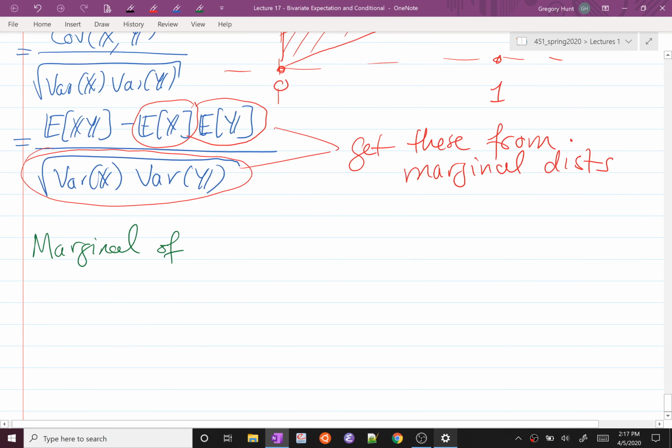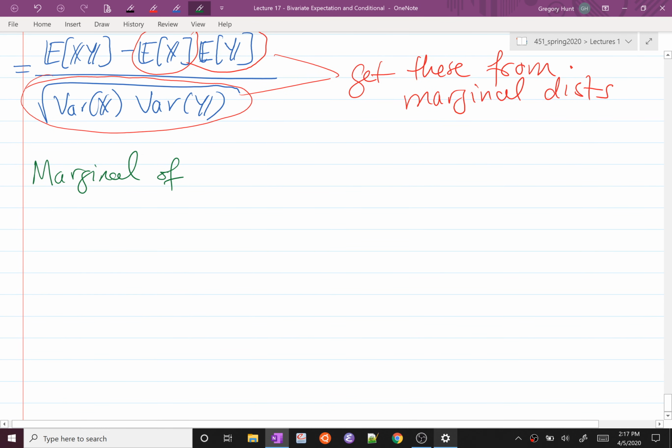Marginal of x. Let's get that first. Okay. So we know we can get the marginal PDF of x. This is the integral of f of x, y. We integrate out y, right?